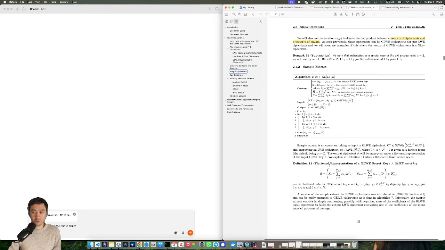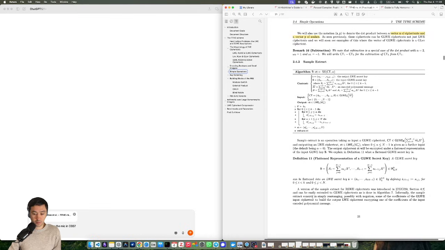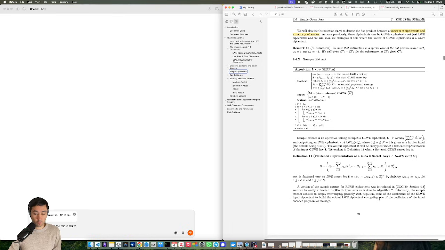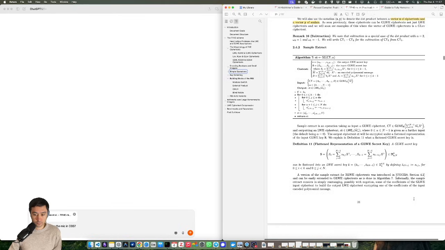I don't like that. They just give us the algorithm without explaining exactly what's going to happen. Informally, the sample extract consists in simply rearranging, possibly with negation, some of the coefficients in that vector. You're encrypting one of the coefficients. Oh, so you're extracting one of the things. A GLWE secret key is a vector where each element is a polynomial.